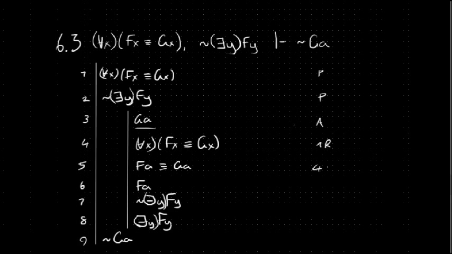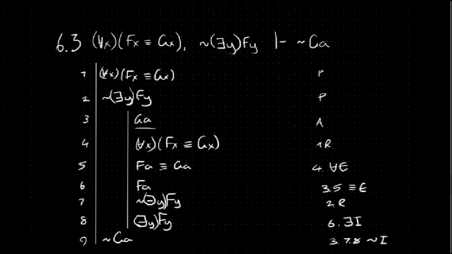That was universal elimination, then 3, 5 biconditional elimination, then 2 reiteration, and 6 existential introduction. The last one is 3, 7, 8 negation introduction.